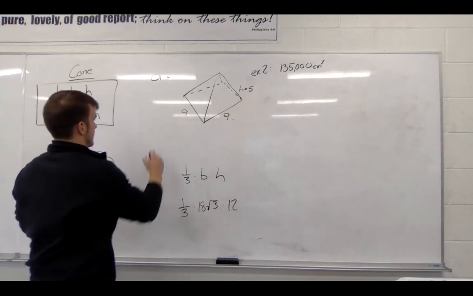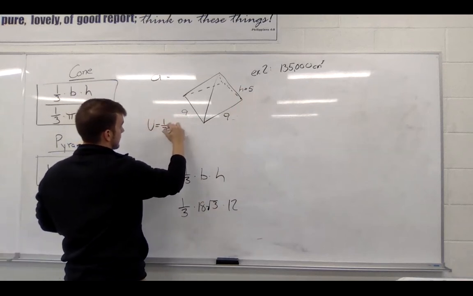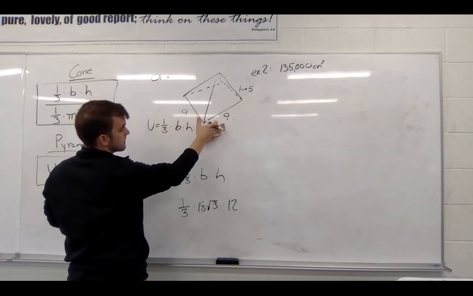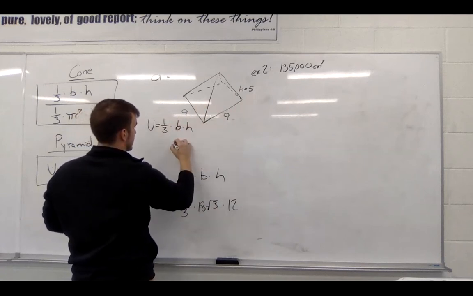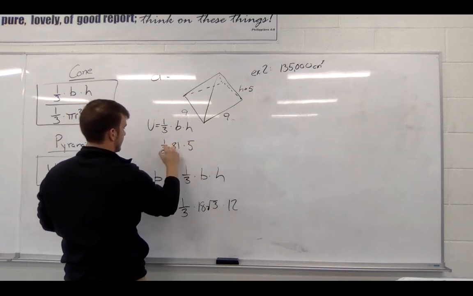So what is the volume? The volume is equal to 1/3 times the base times the height. So the base is what? 9 times 9 gets you the area of the base. So 81 for that. The height is 5, and 1/3.